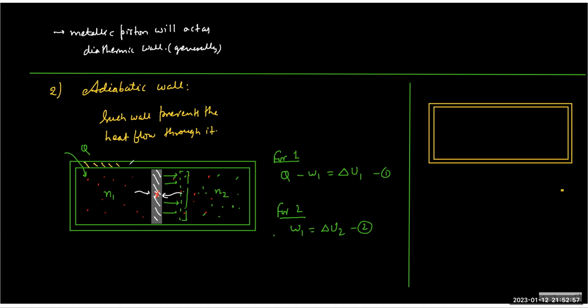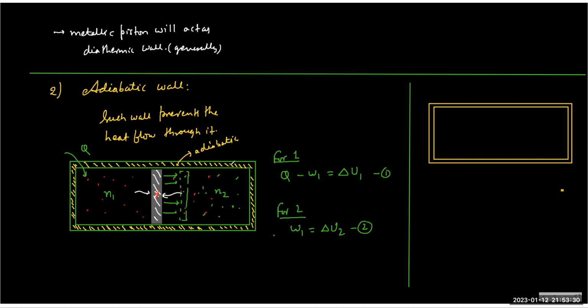Generally, when we design a system, we make the wall adiabatic, and this adiabatic wall will prevent the heat from radiating outside. I mean, energy cannot escape the system. If energy escapes the system, it is difficult to write the equation, so we cannot write the energy conservation equation. So the outer wall is adiabatic by default.